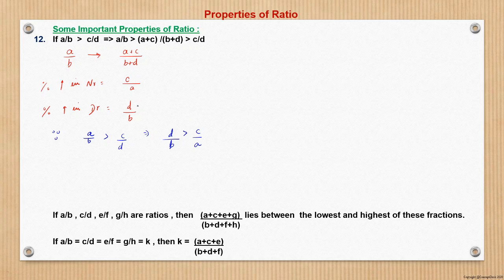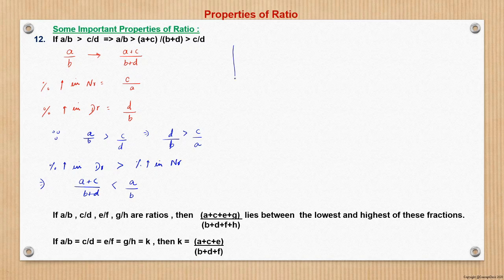And d by b is the percentage increase in denominator. So since the percentage increase in denominator is more than the percentage increase in numerator, the resultant ratio will be less than the previous ratio. The resultant ratio is (a plus c) upon (b plus d), and it will be less than the original ratio a by b, right? This first part we have proved.